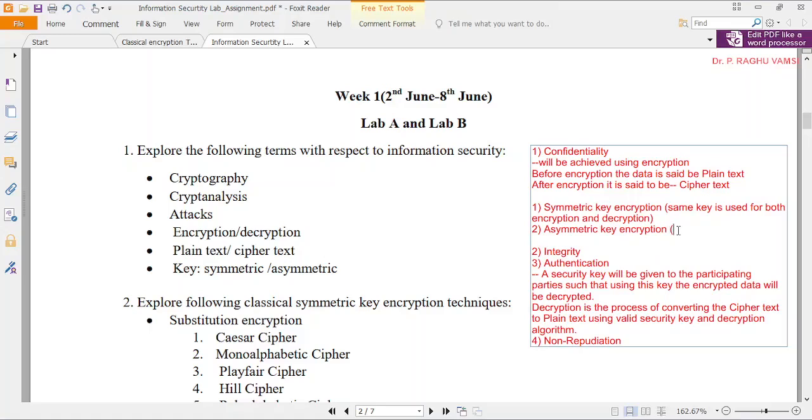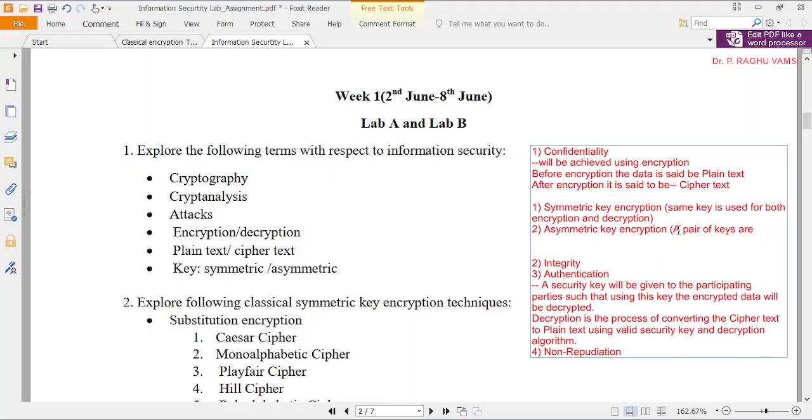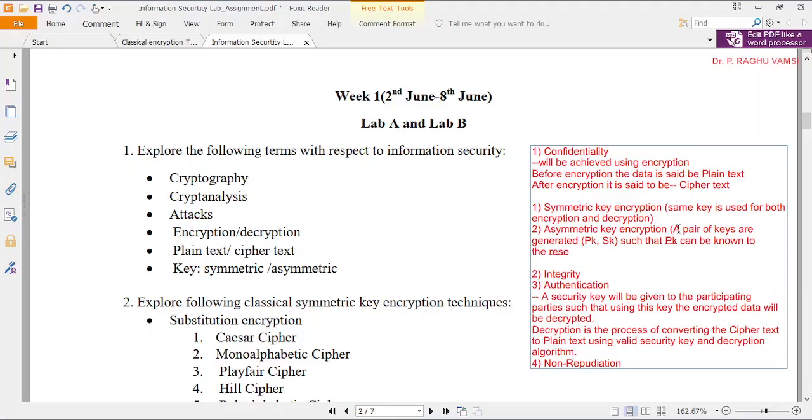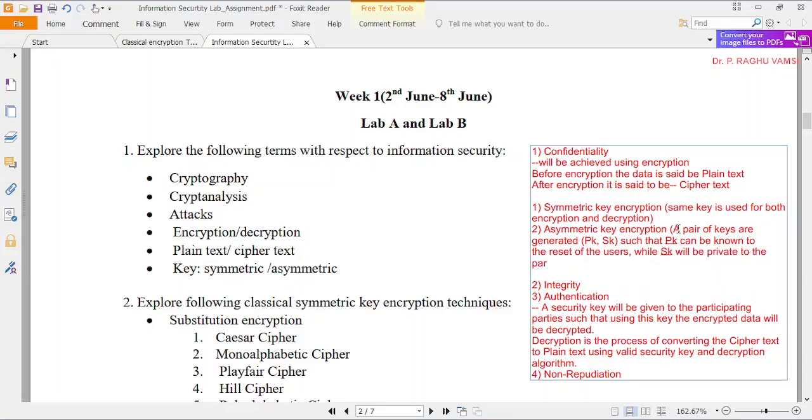While coming to the asymmetric, a pair of keys is generated, which is called the public key and secret key, such that the public key can be known to the rest of the users, while the secret key will be private to the participant.